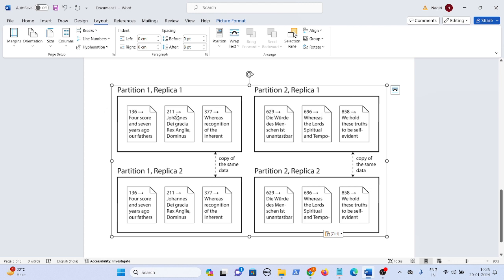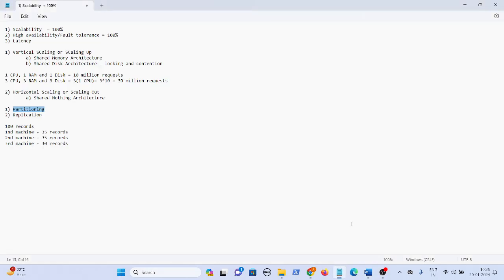So you don't have the same set of data in partition 1 and partition 2, right? If you see the replicas present in partitions, you have the same copy of data. So you are partitioning data among multiple partitions, but in the replicas you have the same set of copies. So this is partitioning and replication in distributed data.